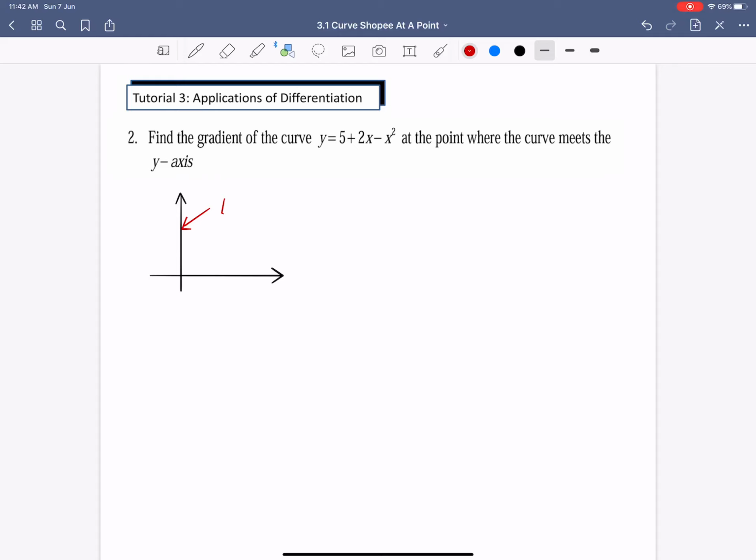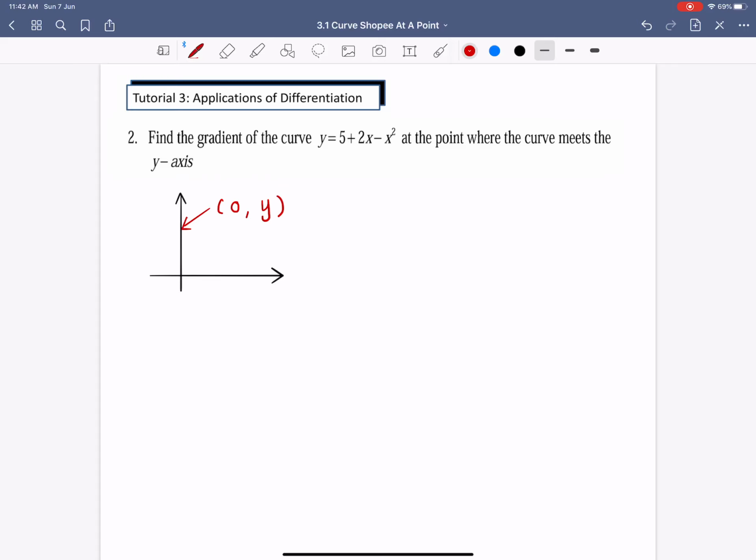So we will have here x is 0 and the y value can be any value, because it is not stated here what y is. We just know that the point is on the y-axis.